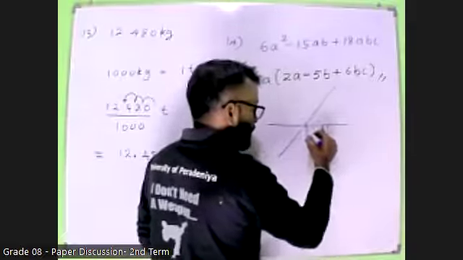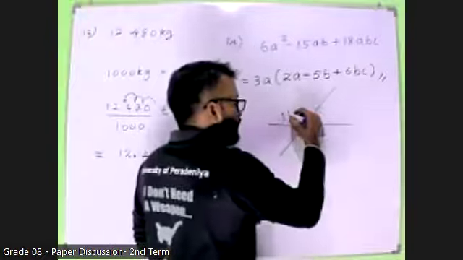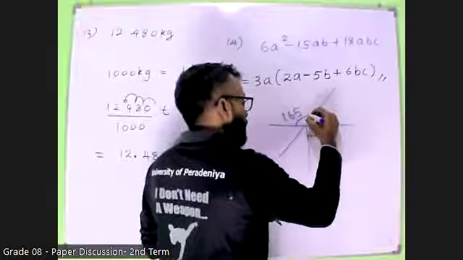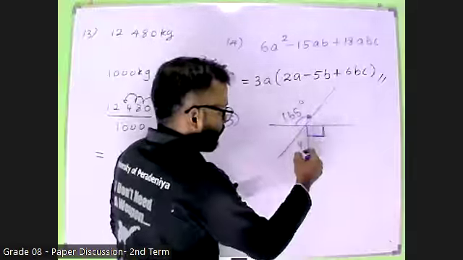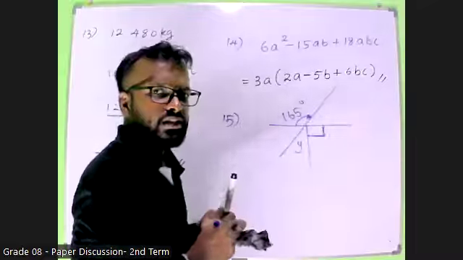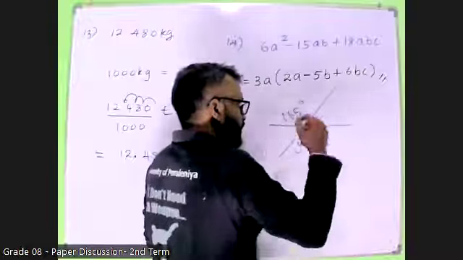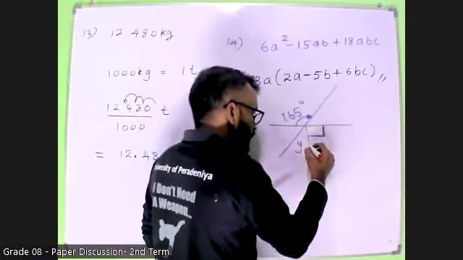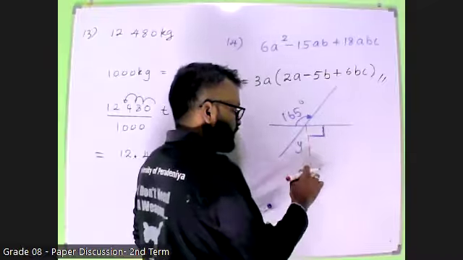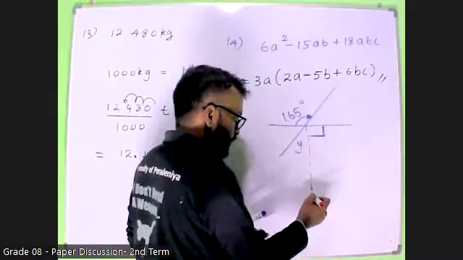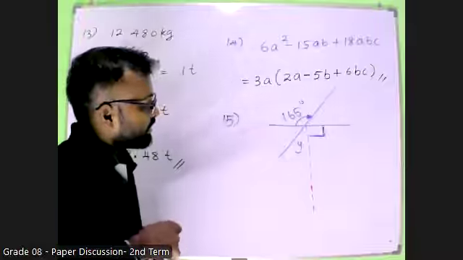This is a right angle which is 90 degrees, right? And the magnitude of this one is 165. And you have to find the value of y. This is very easy, right? I will draw this one separately, and when we are adding the dashed line, so this is the dashed line, right?